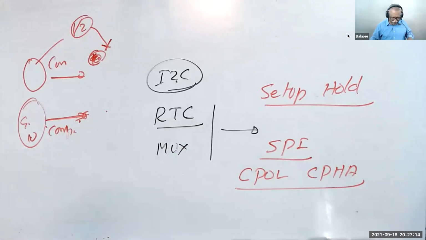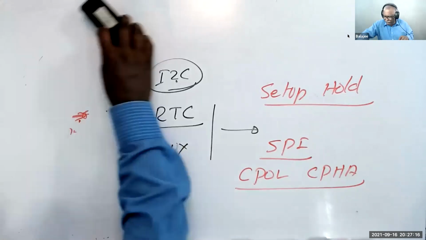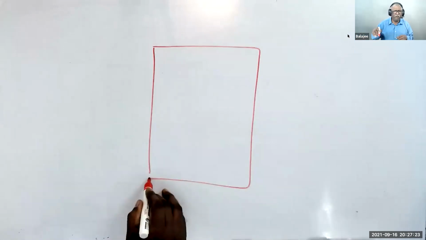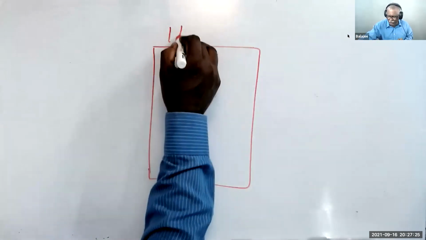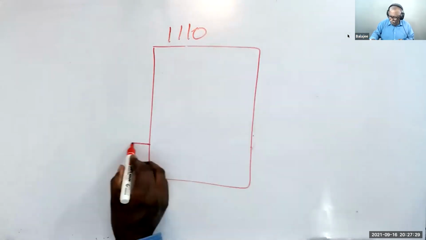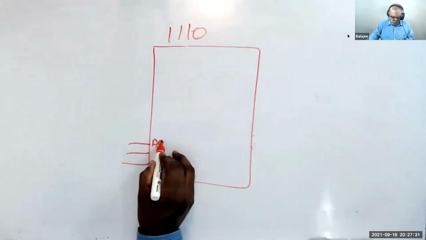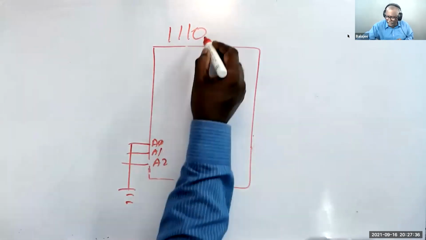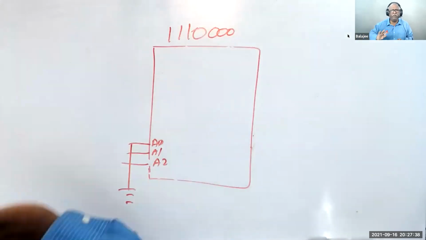Yeah, the MUX is having a register. Oh, that's a very good question. Somebody asked how you select on the MUX. Now you see here, the MUX. I told you the MUX has address 1110 and there are 3 bits, A0, A1, and A2. You connect all of them to ground. So this guy's address is 000. Am I right?